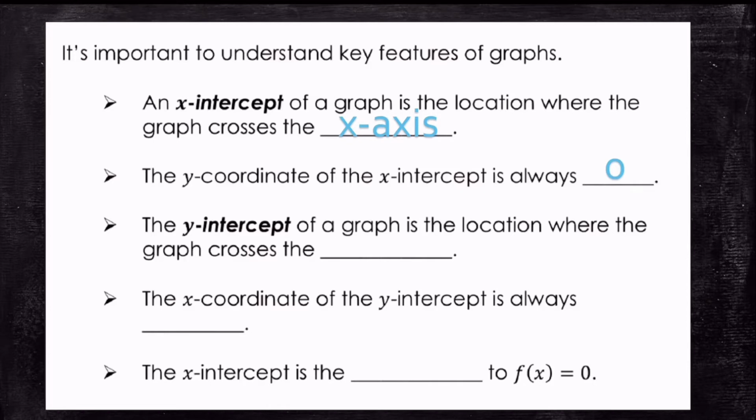The y-intercept is the point of the graph where it crosses the y-axis. And the y-intercept always has an x-coordinate of 0. And we've kind of touched on this, but here it comes again, and this is what we've been saying. The x-intercept. Whenever you have a graph, the x-intercept is the solution to your function. That is the solution to the situation, and it's important that you understand that.